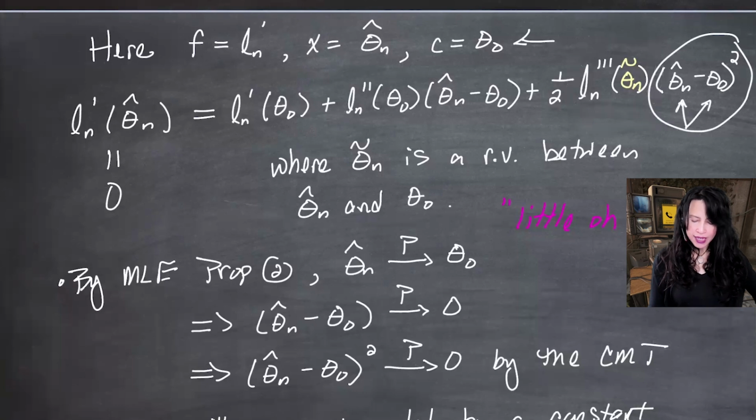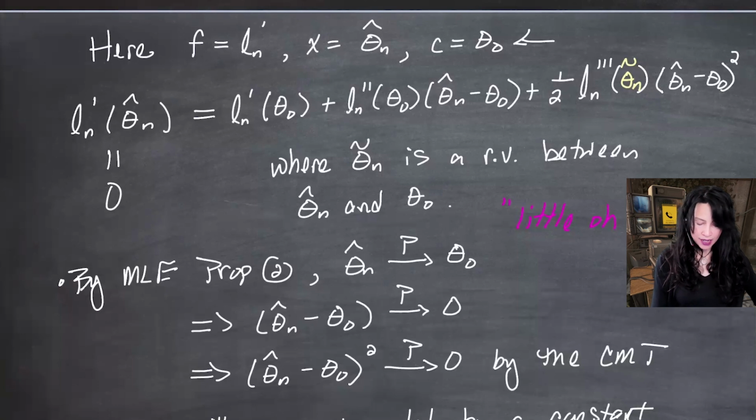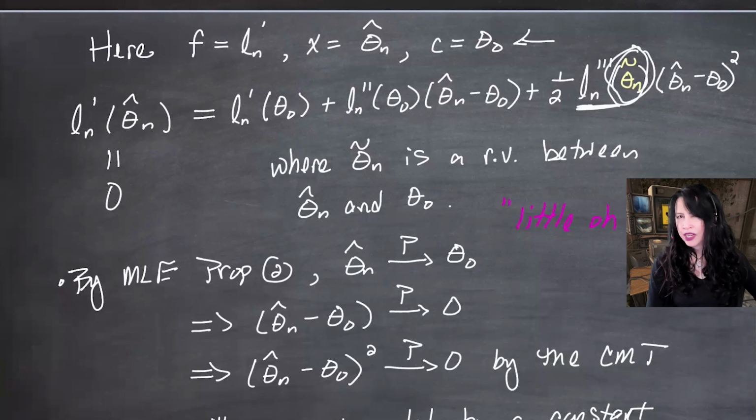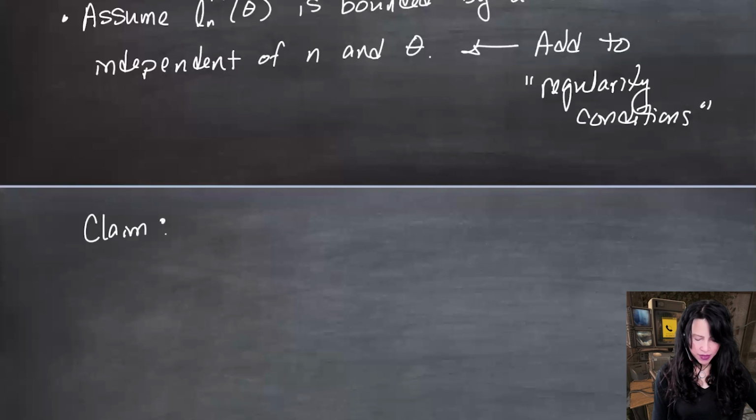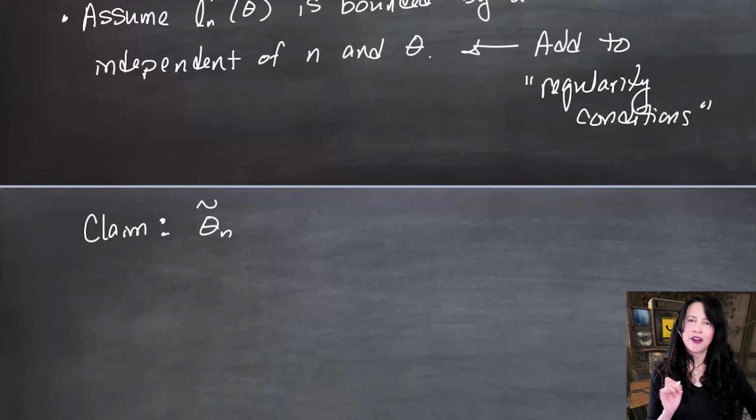However, in our third derivative of the log likelihood, I have plugged in something strange, something random. And so this may be bounded, but let's just look at what this is doing. Is it converging at all? I claim that this theta n tilde, this random point between our MLE and the value we're estimating, converges in probability to theta naught.